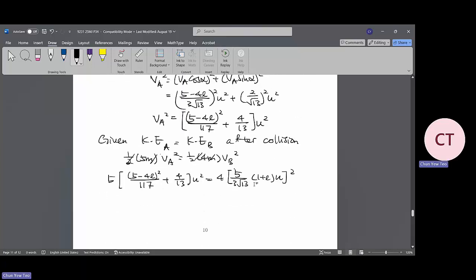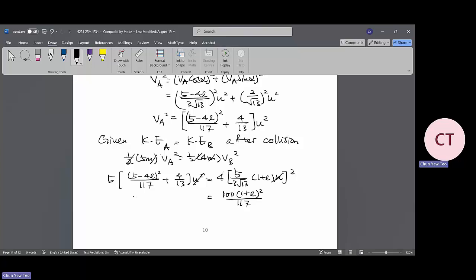So the U squared can be cancelled. You get 25 times 4, 100, (1 plus E) squared divided by 117.